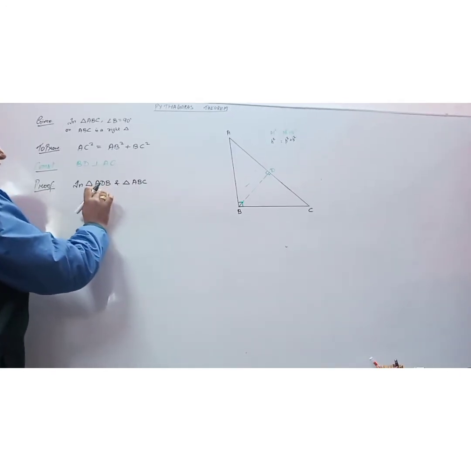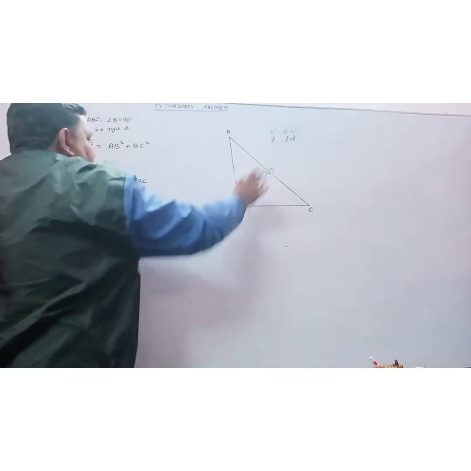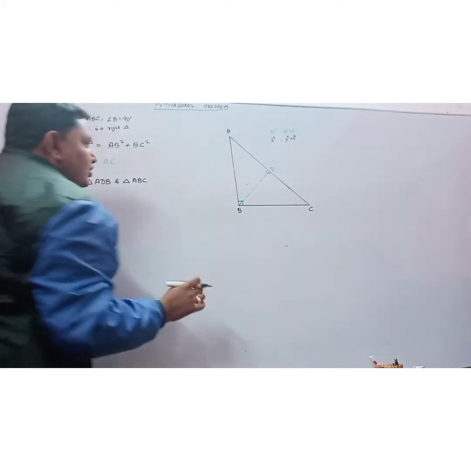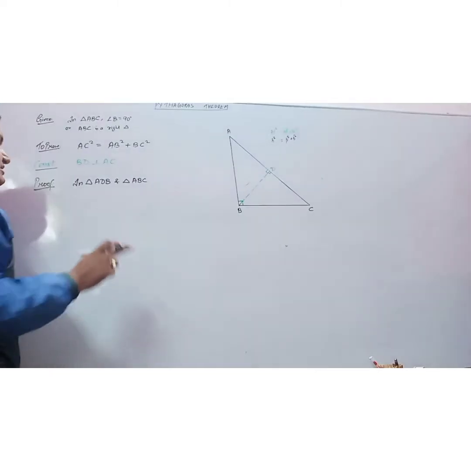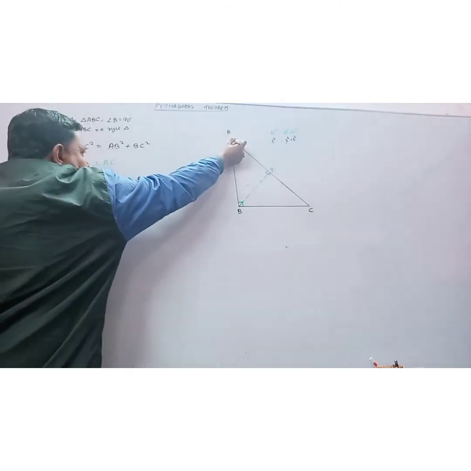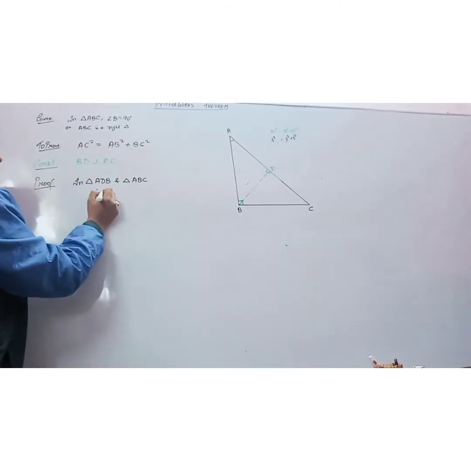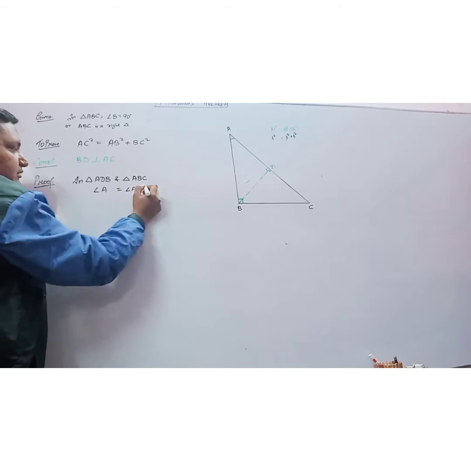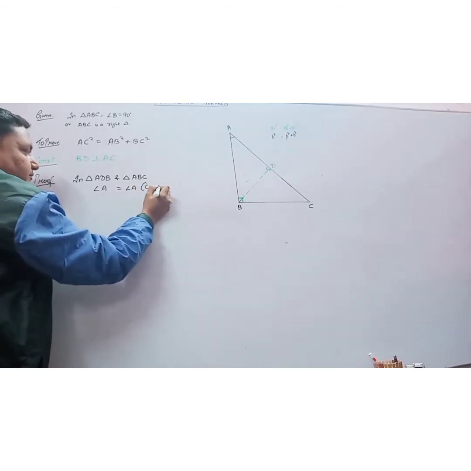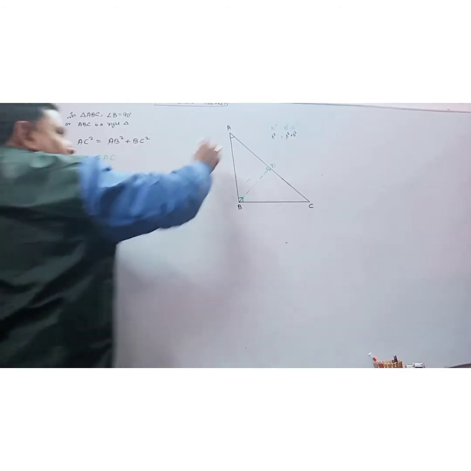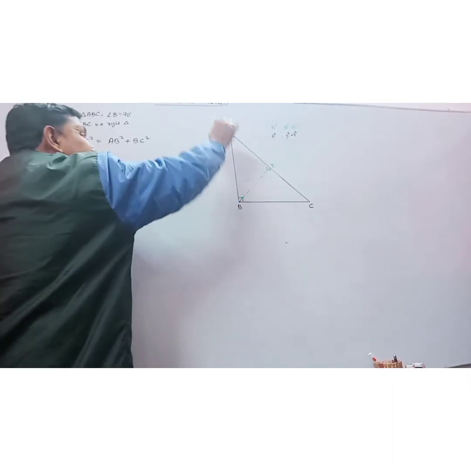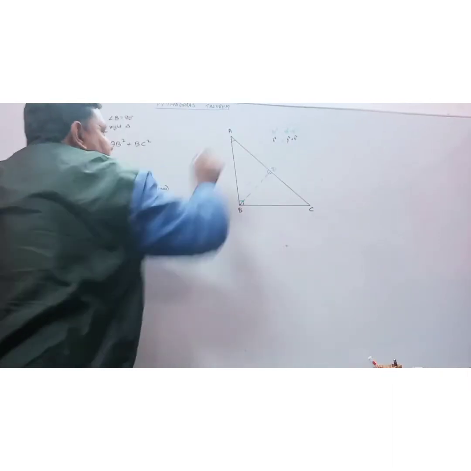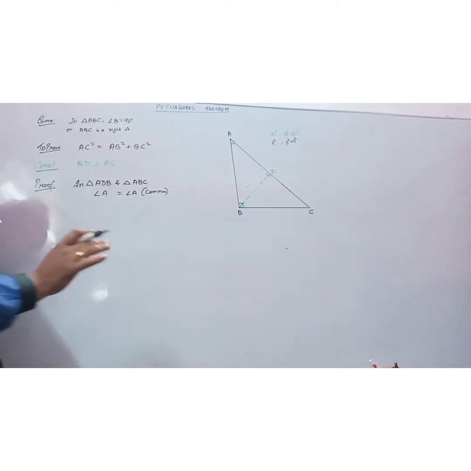Now in triangle ADB and triangle ABC, to prove similarity we need only two angles, that's sufficient. Now angle A is common. Angle A is equal to angle A. Why common? Because angle A is there in triangle ADB and in triangle ABC also. Angle A is prevailing in both these triangles.